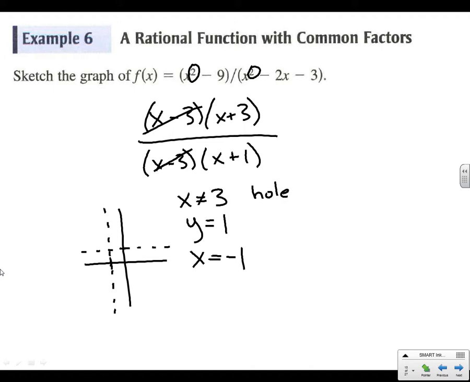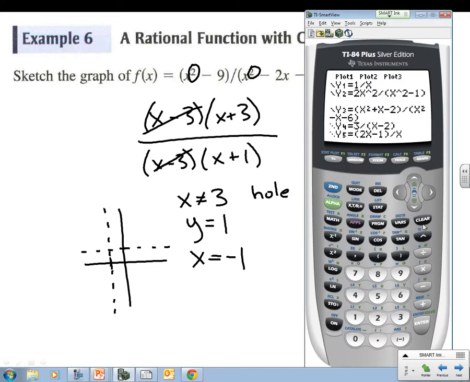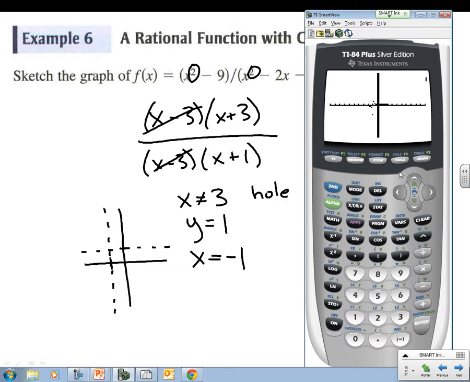I've got this drawn up on the graphing calculator here. Let's take a look. Y equals, see if it comes out looking okay. Change my window. Oh, change the y's.